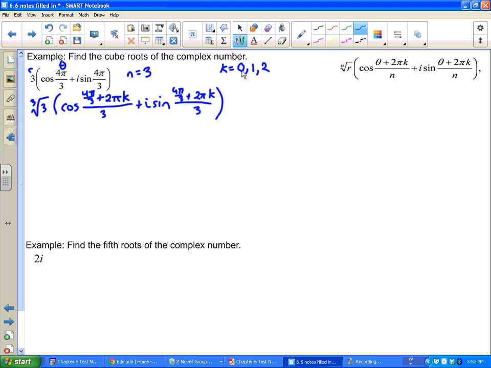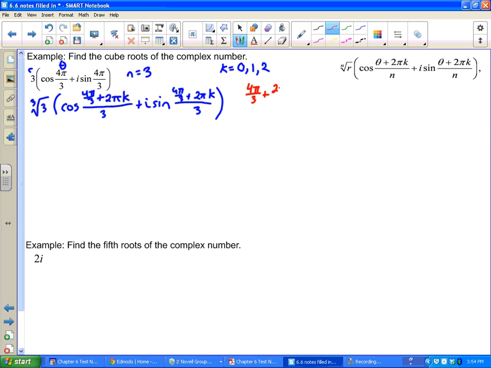By plugging in 0, 1, and 2 to this formula right here, I can get 3 answers. But it would actually be easier to simplify this massive thing right here before I do that, because that will save me time. Basically, I won't have to simplify 3 different times. If I simplify once right now, then I won't have to simplify as much later on.